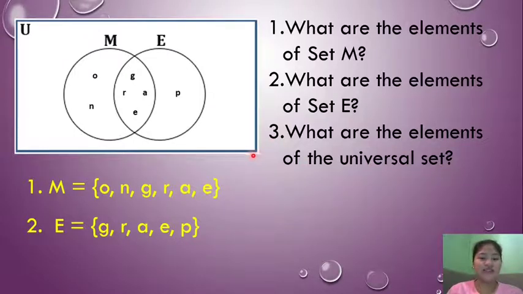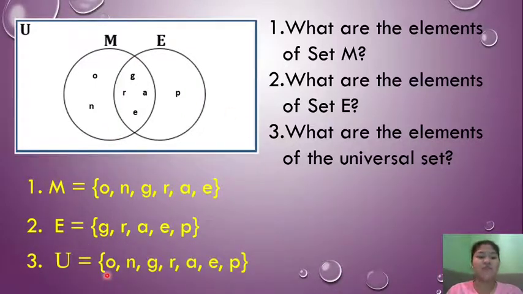So the universal set again is represented by the rectangle. So titingnan lang po natin, ano-ano po ang mga letters na nasa loob ng rectangle. So, di ba, sakop din po ng rectangle yung dalawang circles. So, the elements of the universal set are O, N, G, R, A, E, and P.